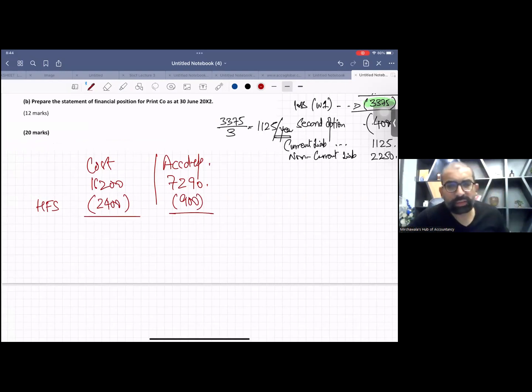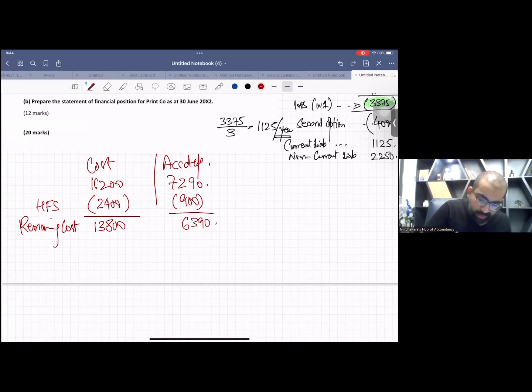So 16,200 minus 2,400 is 13,800, the remaining cost. And the accumulated depreciation is 6,390.